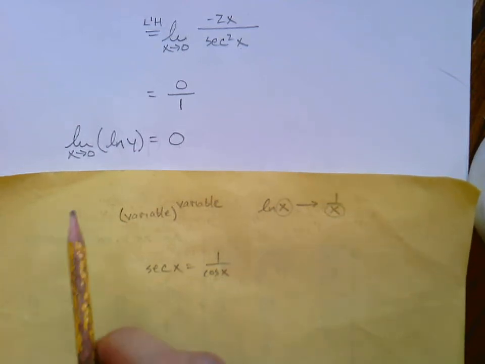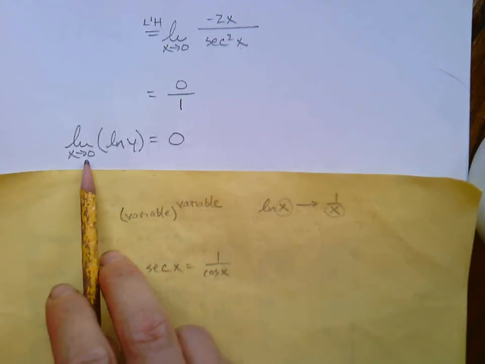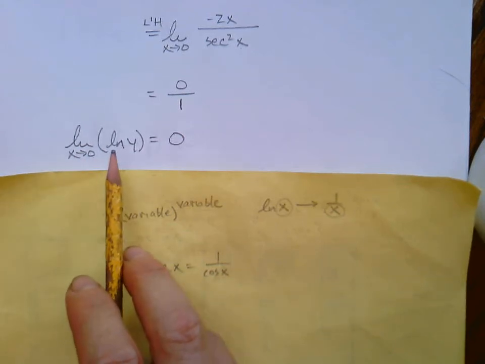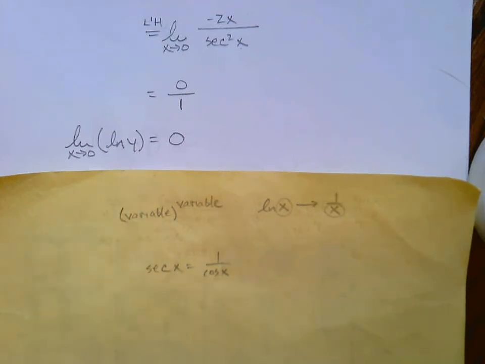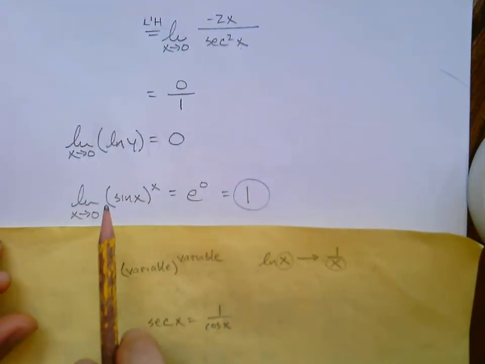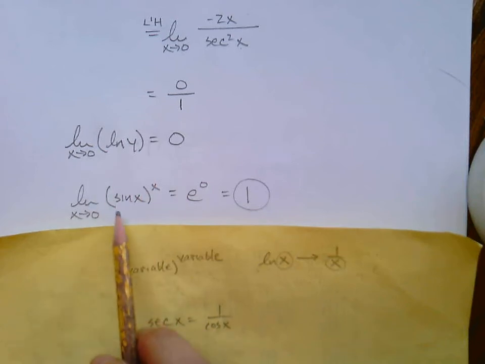Okay. Now we've done a lot of work, but it turns out we don't have the final answer. Remember, this whole time we've been taking the limit as x approaches 0 of the natural log of y. We did that natural log at the beginning. What we are really after is the original sine of x to the x. This was y. So what happens here?